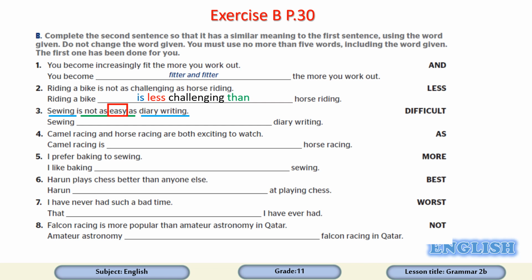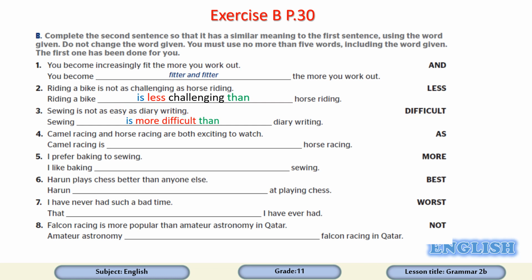Very good. Sewing is not easier than diary writing. Look at the adjective we are going to use. Difficult. What kind of adjective? Very good. It's a long adjective, so we need to use more or less here. Since sewing is not easier, so sewing will be, yes, very good. Sewing is more difficult than diary writing.